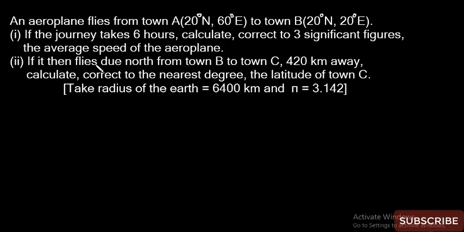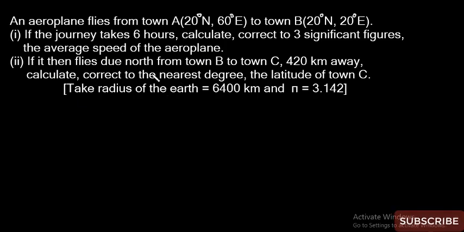2. If it then flies due north from town B to town C, 420 kilometers away, calculate correct to the nearest degree the latitude of town C. If you notice, the first question asks us to calculate the average speed of the aeroplane. I think we saw that in the previous video.